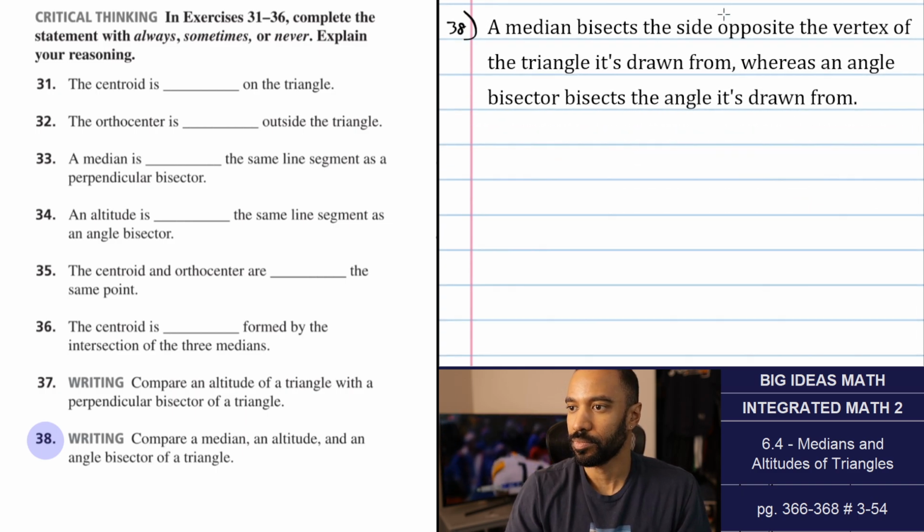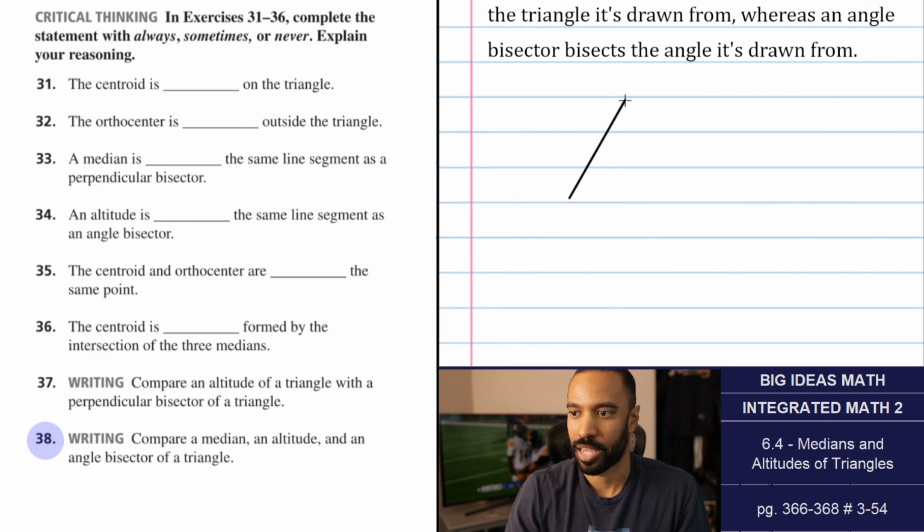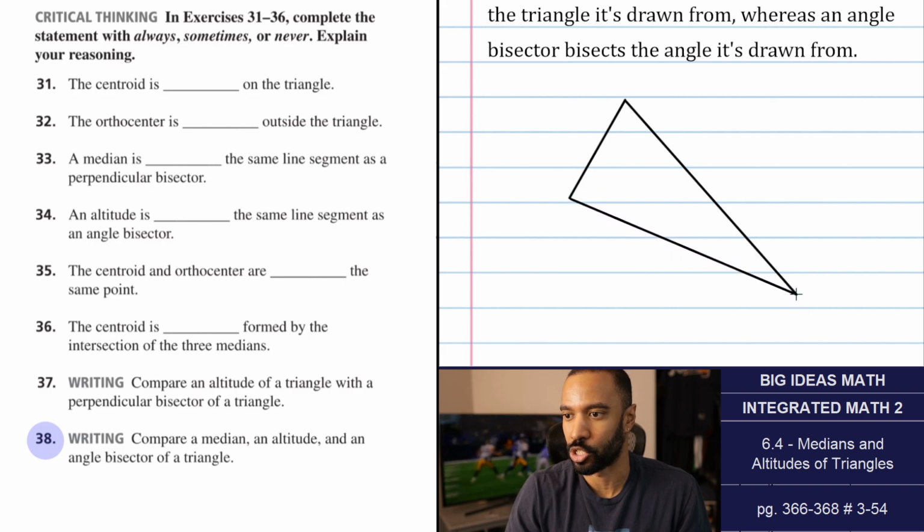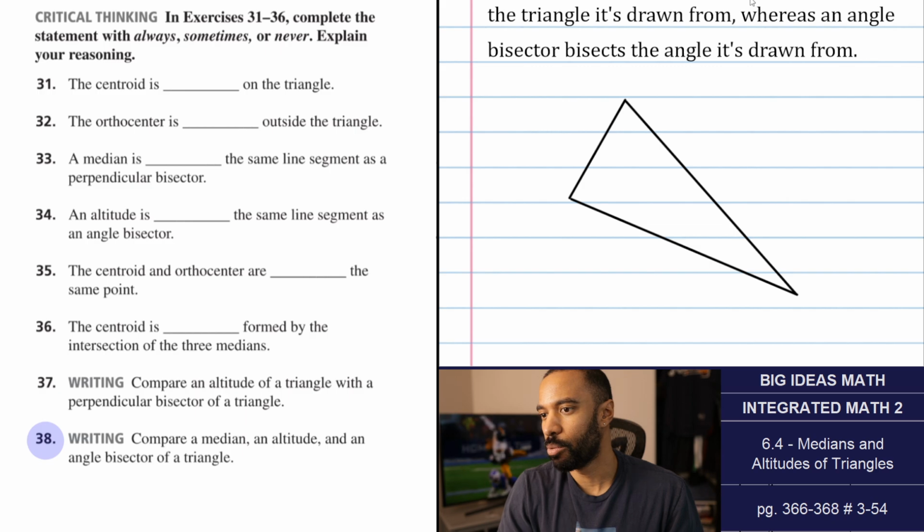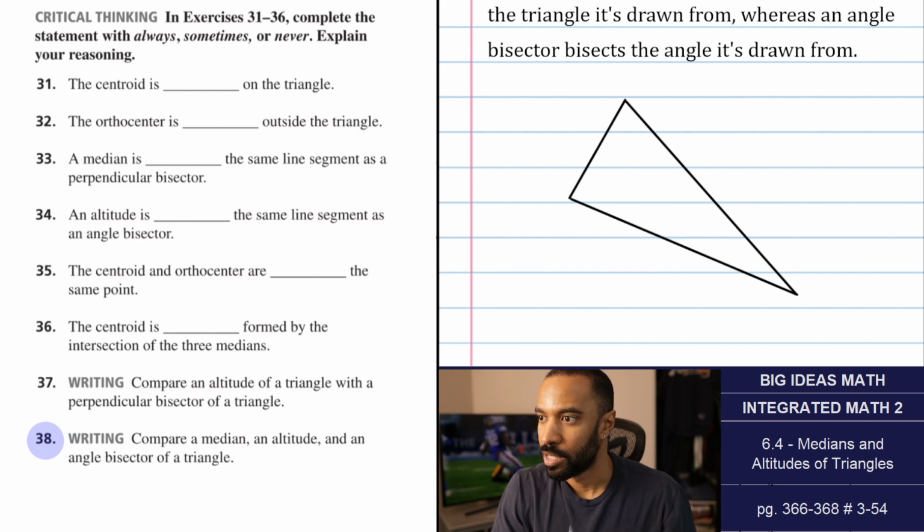So let's say I'll erase this in a second, but I don't know if you'll be able to tell this because I probably can't draw these very well, but an angle bisector may be this guy right here, right?